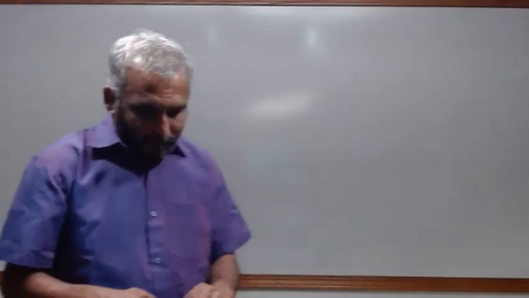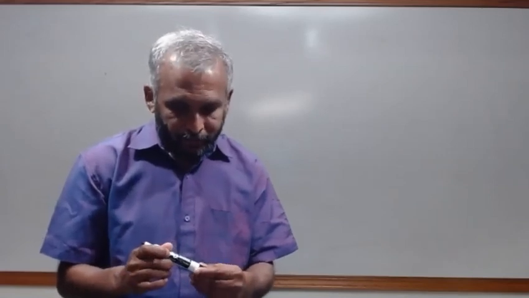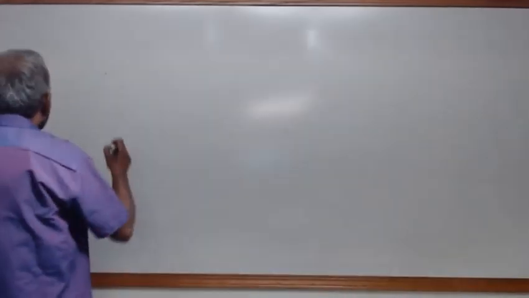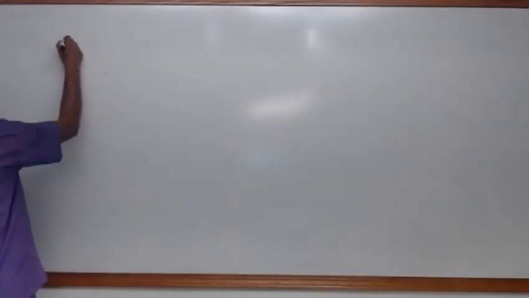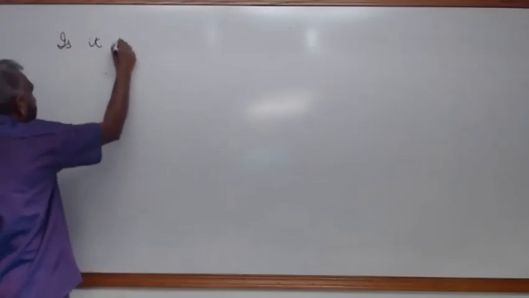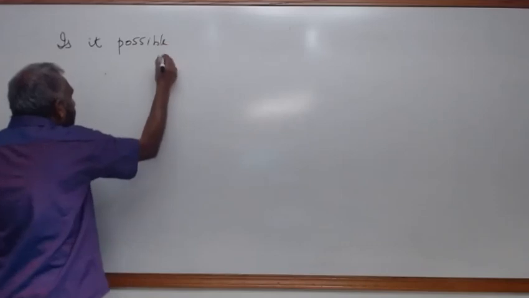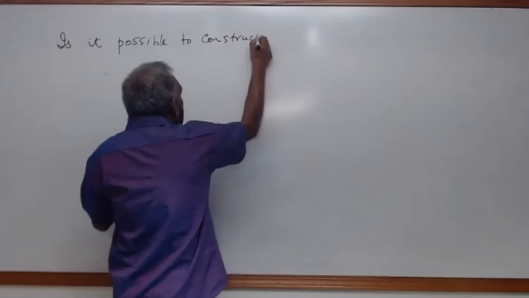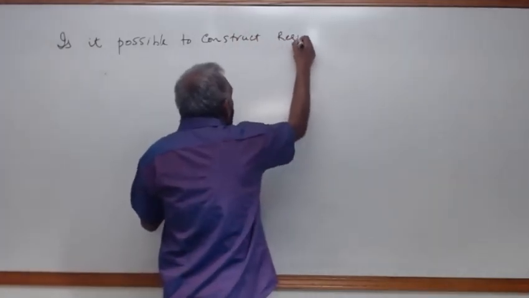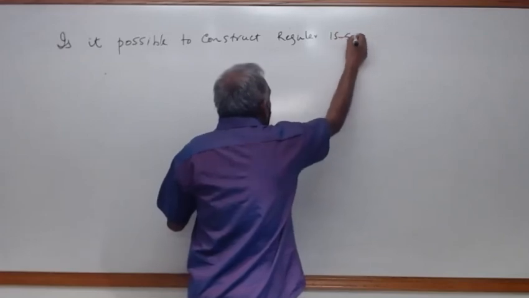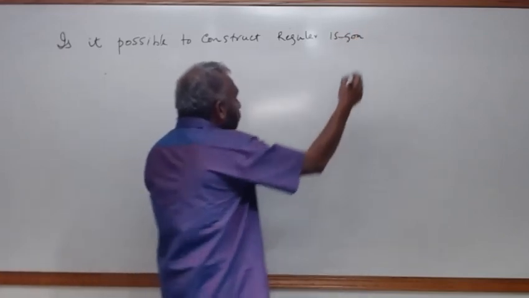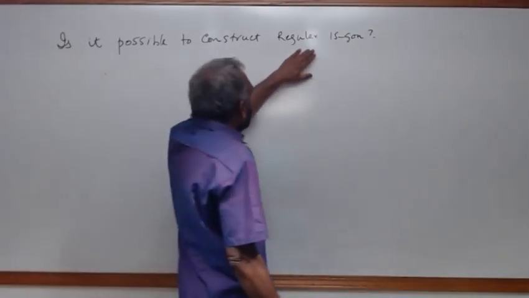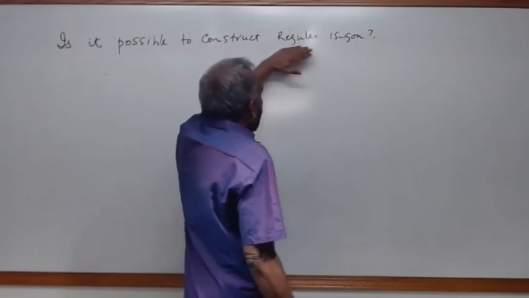So we are going to do our last problem on geometric constructions. The last problem, is it possible to construct a regular 15-gon? So a regular 15-gon means a polygon with all sides equal.